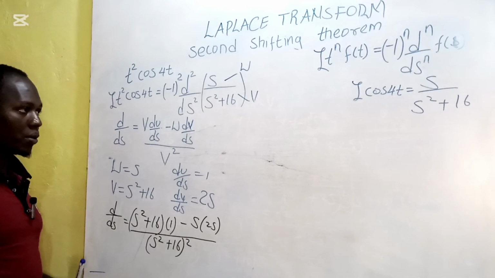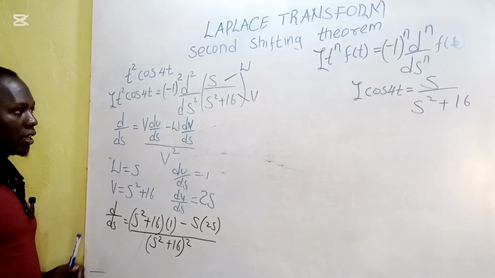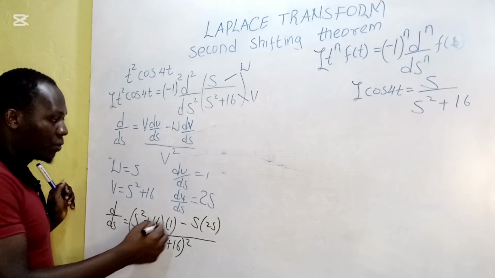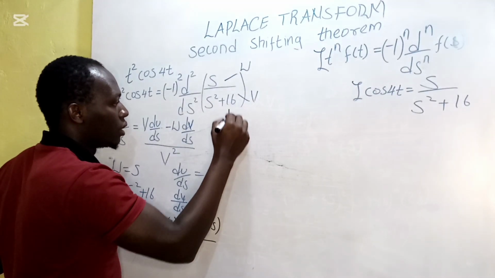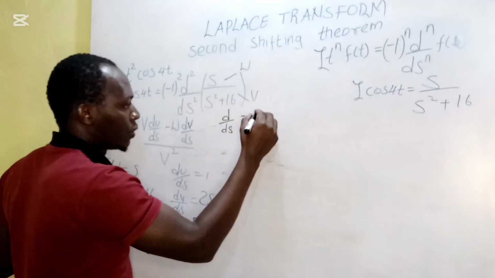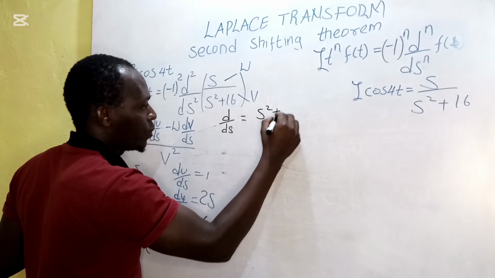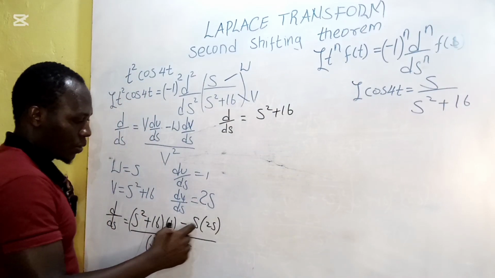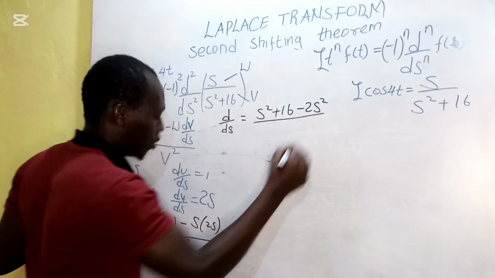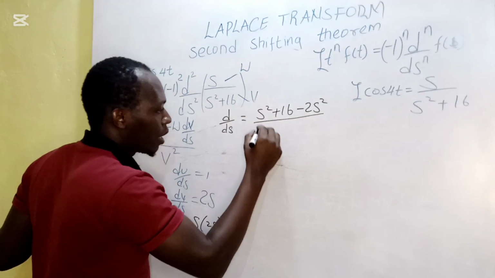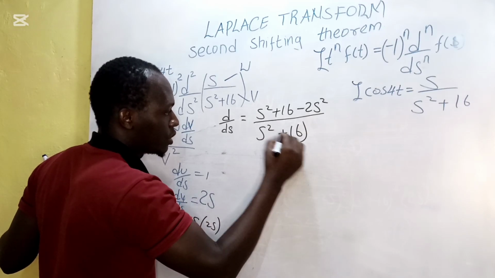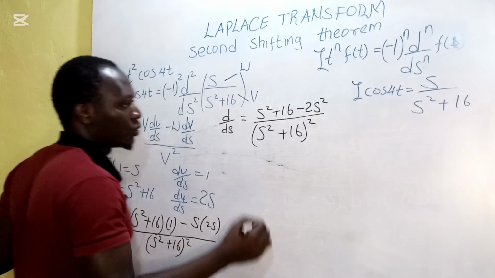Let us simplify what we are having on the numerator. We are going to have s squared plus 16, we come and subtract 2s squared, everything all over s squared plus 16, everything squared.